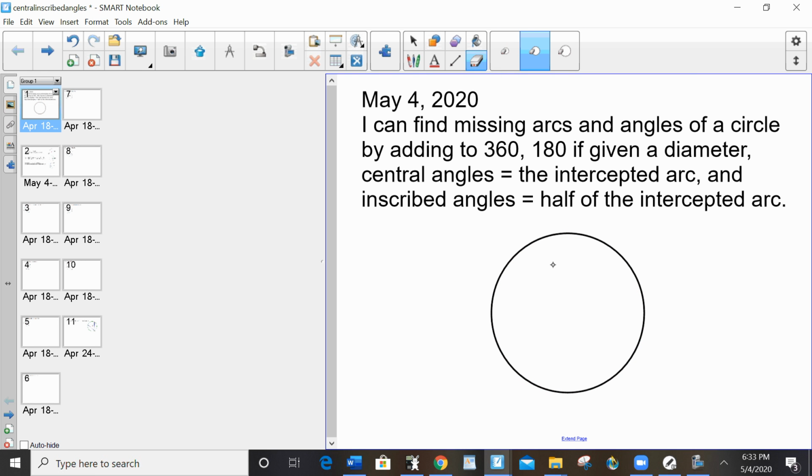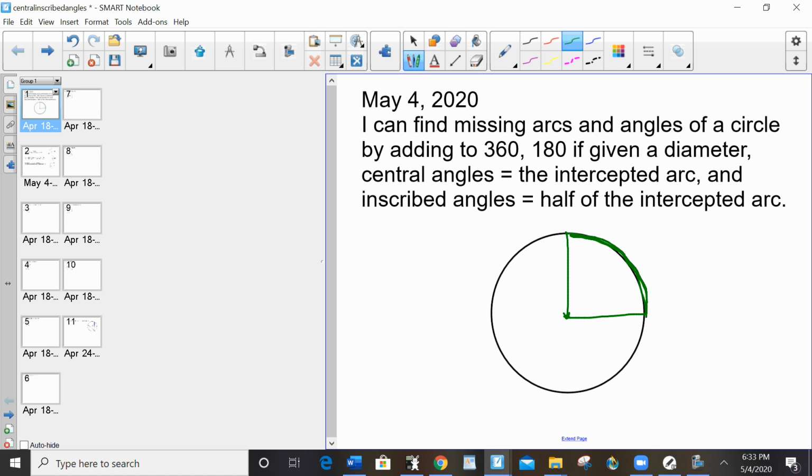Now, central angles. A central angle is an angle whose vertex is at the center of the circle. So I'm going to draw my best to make one of these in here. The intercepted arc is the arc between the points that are hit on the circle. I tried to draw this so that this arc is 1/4 of the circle.